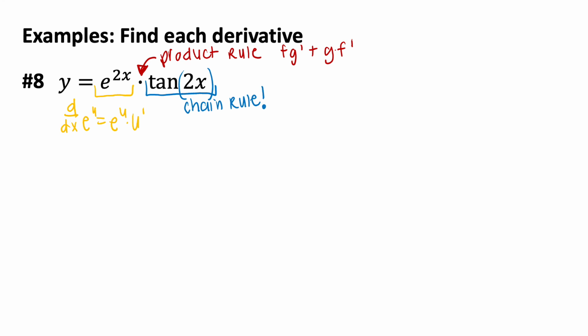So to start taking our derivative dy dx using our product rule, we want our first function, e to the 2x, times the derivative of our second function. And I'm actually going to label it as d dx of our second function.